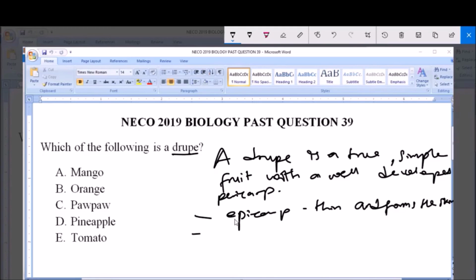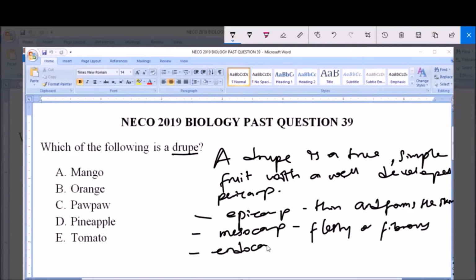Its mesocarp is fleshy or fibrous. And then its endocarp is usually hard and woody, and encloses the seed.